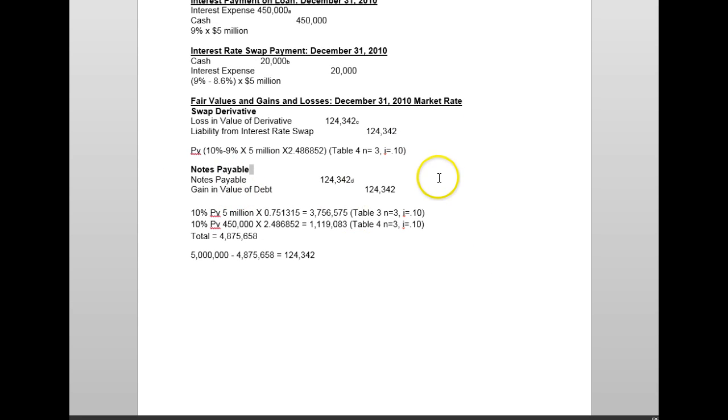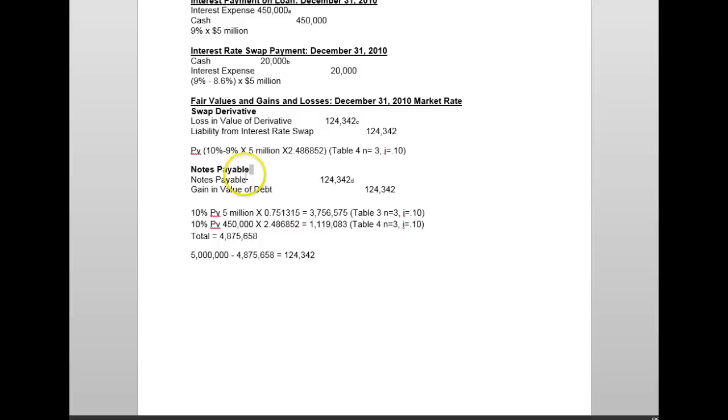What do we typically do when the market, if I were to sell a note at 9%, I wouldn't have a premium or a discount. But if I were to sell that payable and the market rate was different than the face amount, I would have to create some type of contra account to recognize the differences.